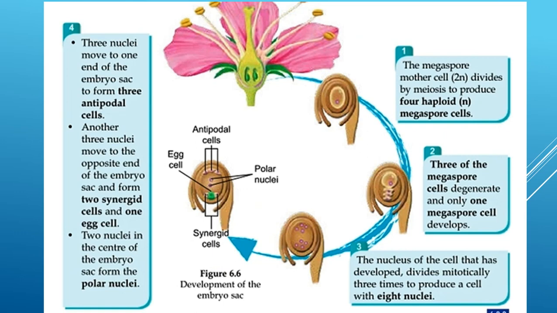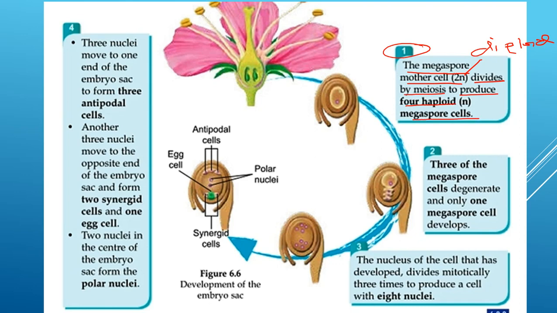So the first step, the megaspore mother cell, okay, diploid, they divide by meiosis to produce 4 haploid megaspore cells.